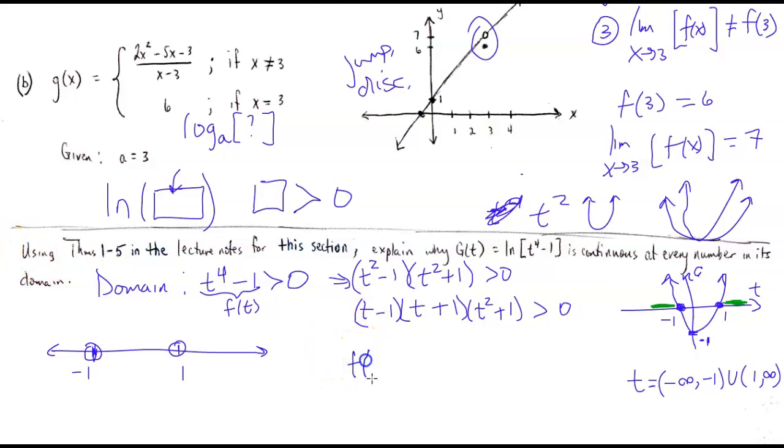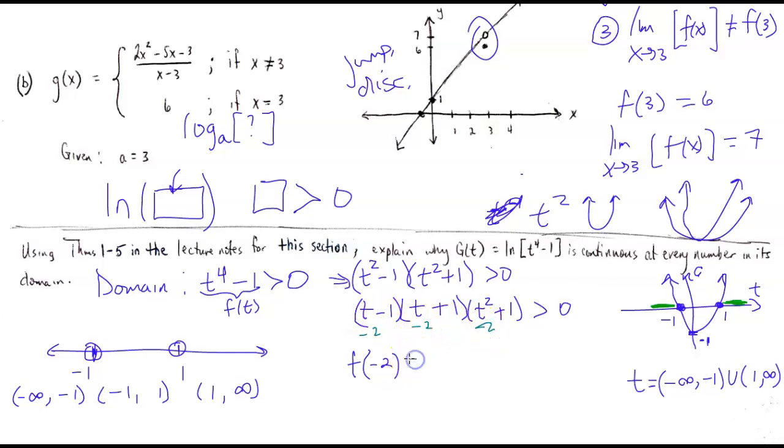So here, in this interval from -infinity to -1, then -1 to 1 here, and then 1 to infinity. In this first interval, I have a number -2 I can plug in. If I was to plug in -2 in here, then let's say I had -2 here, -2 here, and -2 here.